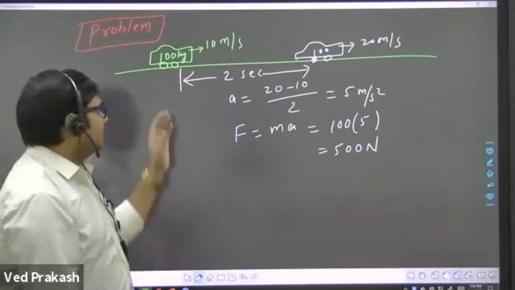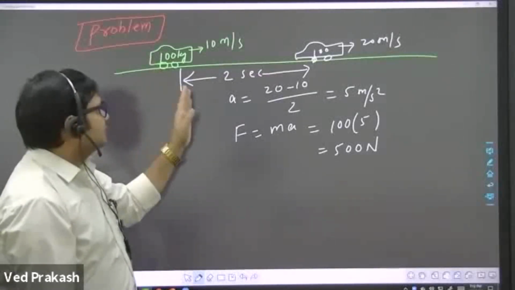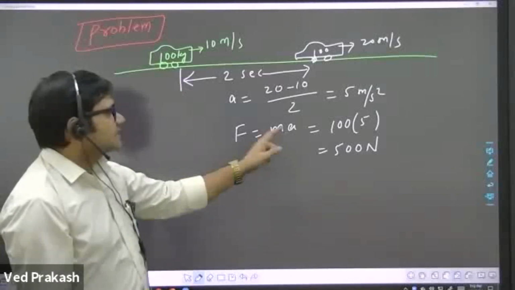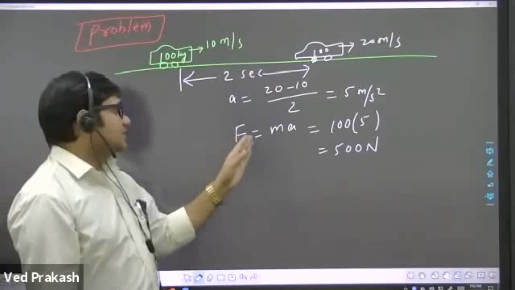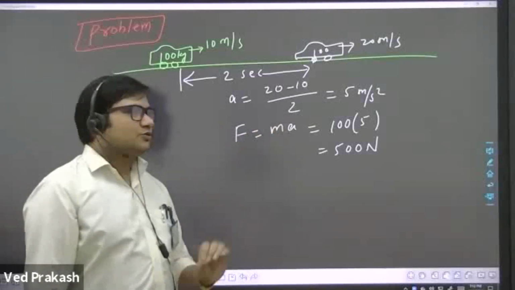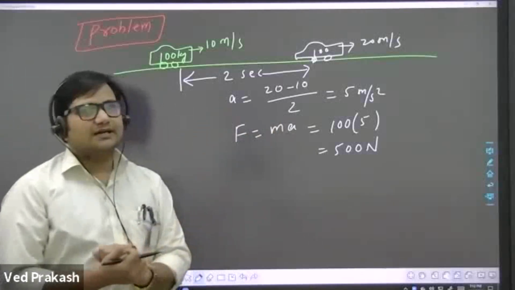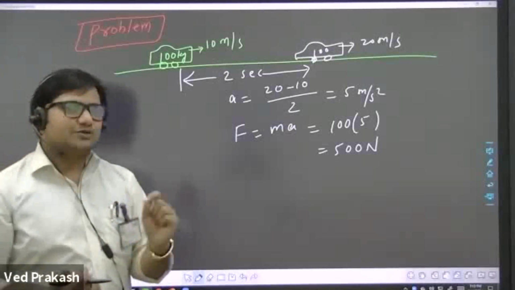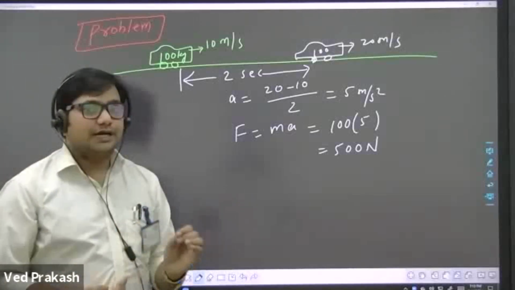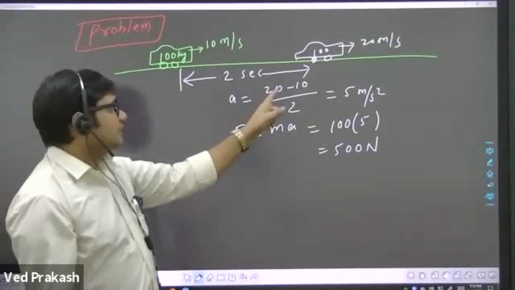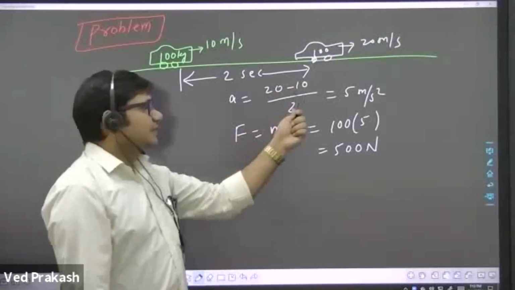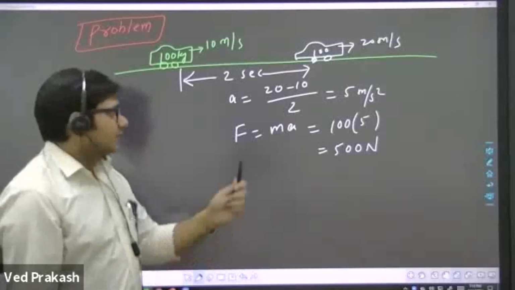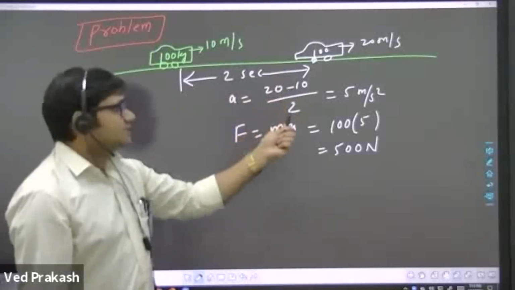So how can we calculate this force? To find this force, we need to find the acceleration of this car, because mass is given and force is equal to mass into acceleration. So how do we find the acceleration? Acceleration equal to change in velocity upon time taken. Change in velocity is final velocity minus initial velocity. Final velocity is 20, initial velocity is 10, and the time interval in which this velocity has changed is 2.